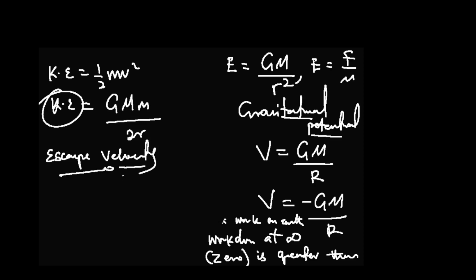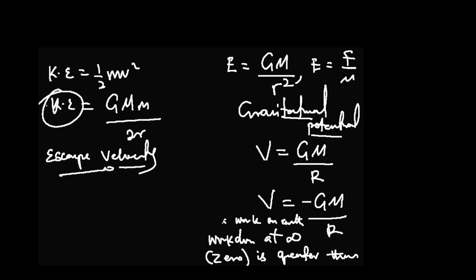Now, when you say escape velocity, it is like the opposite of the gravitational potential. The work done in taking a unit mass from this Earth to a point at infinity.